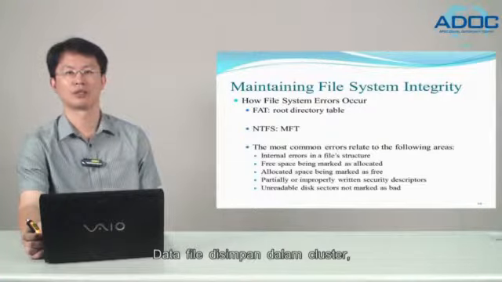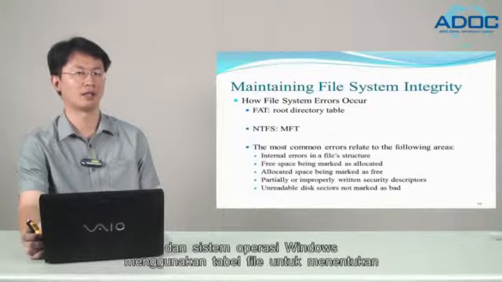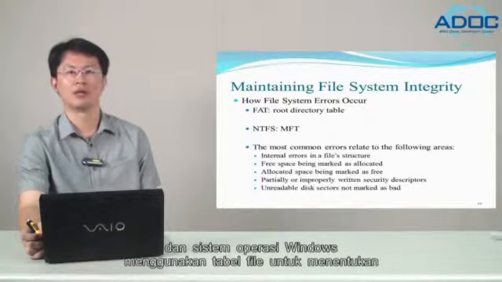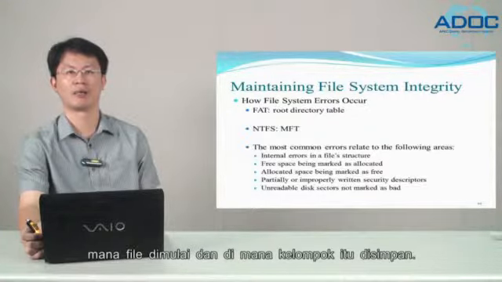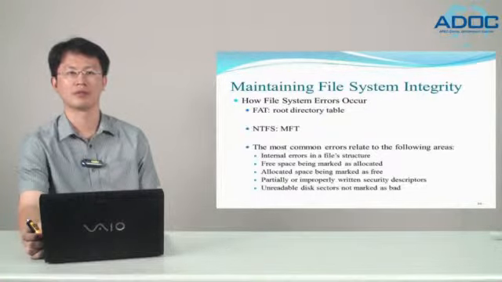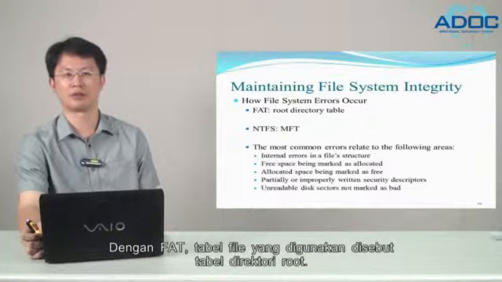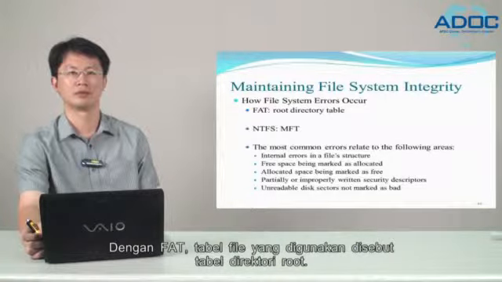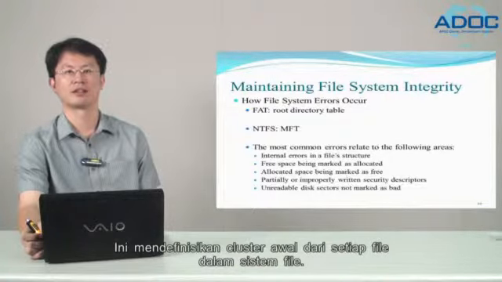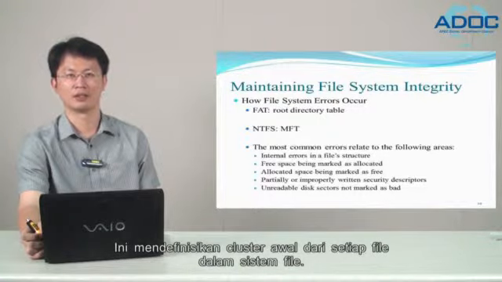File data is stored in clusters, and the Windows operating system uses a file table to determine where a file begins and on which clusters it is stored. With FAT, the file table used is called the root directory table. It defines the starting cluster of each file in the file system.